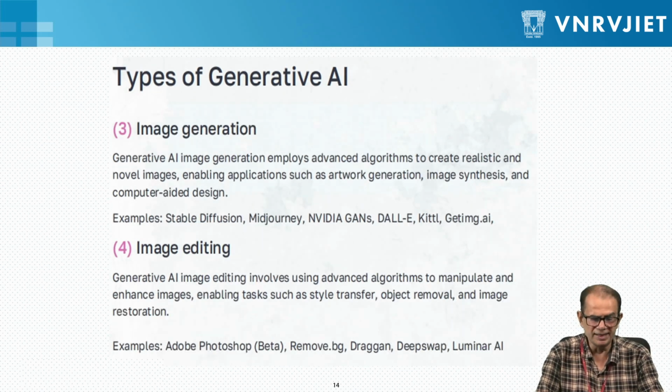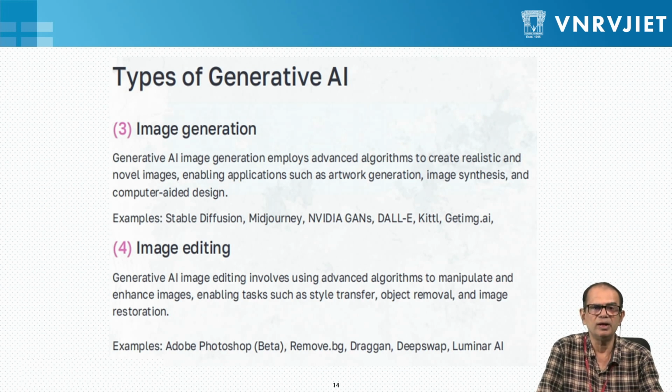Now, image generation is very, very important. It helps to generate new images. For instance, DALL-E 2; you must have all heard about DALL-E 2. It's very famous, and that is the architecture which helps to generate images. Okay, Stable Diffusion is also very famous here.